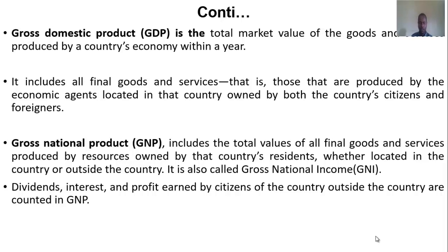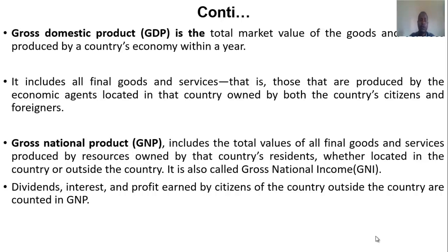Chinese, USA, and Japanese citizens' goods and services located in Ethiopia would be included in the calculation of the gross domestic product of Ethiopia. Therefore, in calculating gross domestic product for a particular country, citizenship doesn't matter. What matters is that the location of the goods and services should be within the boundary of that country.